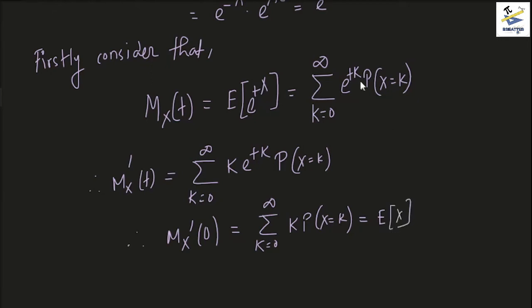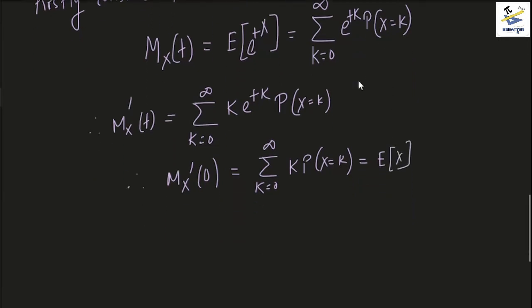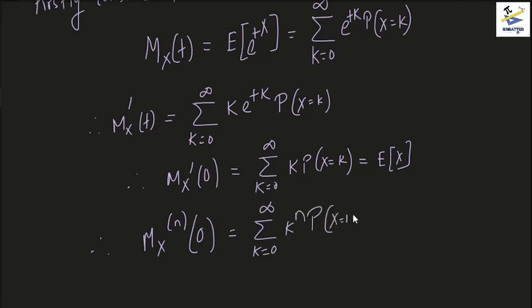So in general, since it's the exponential function, if you differentiate it n times, what you get is this. So differentiating n times and putting 0, what you would get is the sum over k equals 0 to infinity of k to the power n, probability of X equals k, which basically would be the nth moment.